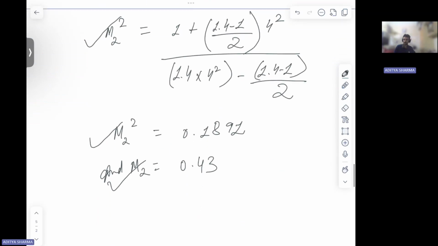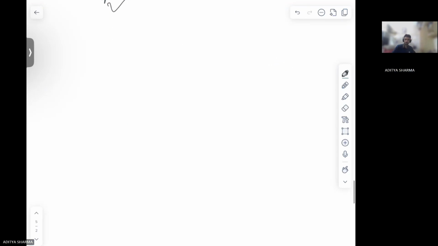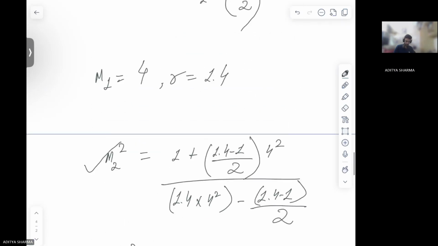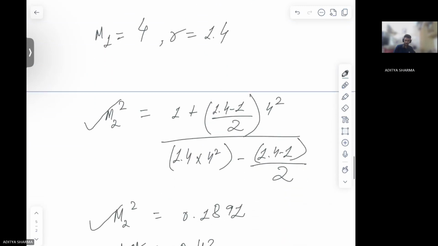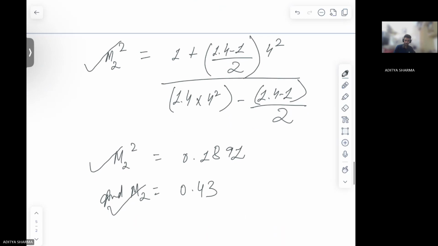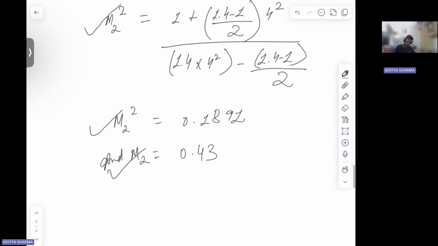So you can do this calculation, and if there is something wrong, you can just type in the comment box. Then this was about the Mach number relation.